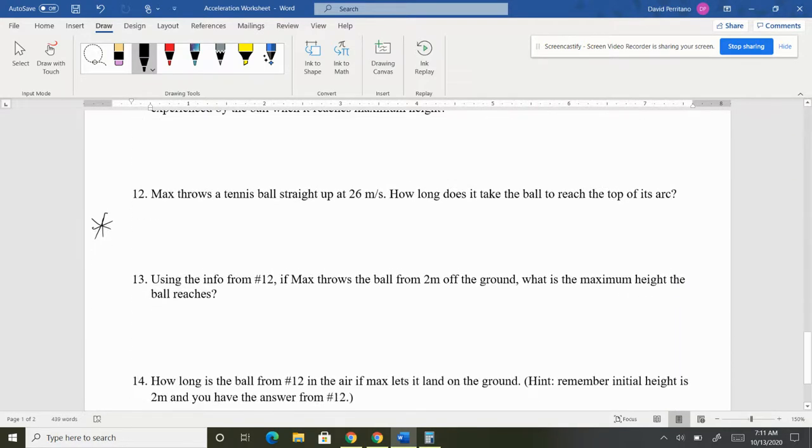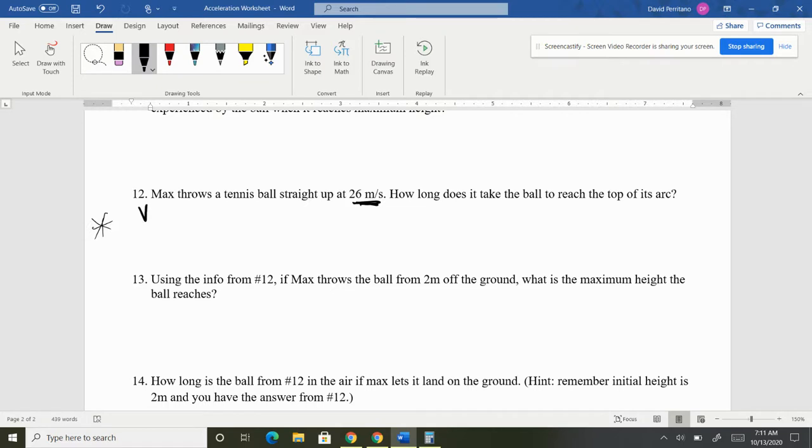We'll do one more. Number 12 says Max throws a tennis ball straight up, 26 meters per second. That's like 60 miles an hour. How long does it take the ball to reach the top of its arc? Oh man, we're not being given a whole lot here. We're given this velocity as straight up, so it says he throws it that fast.